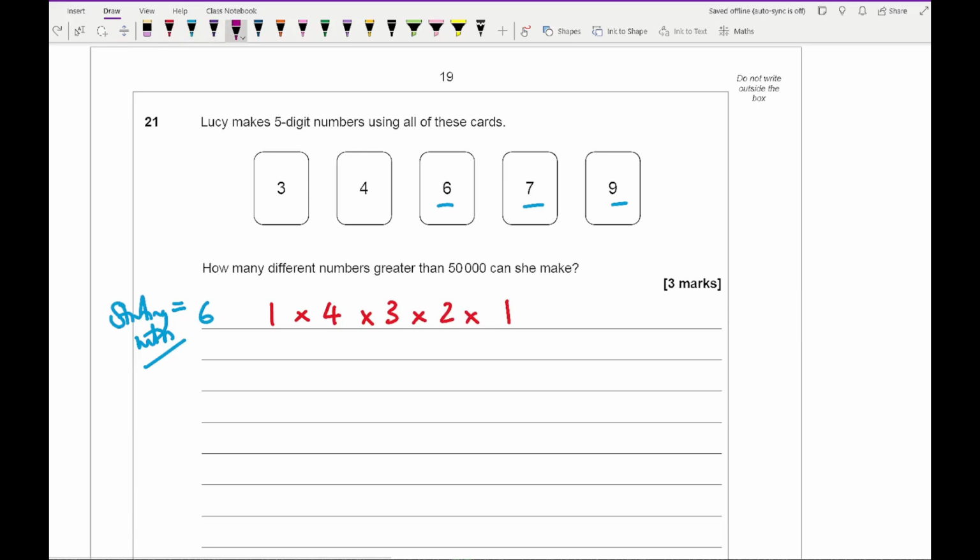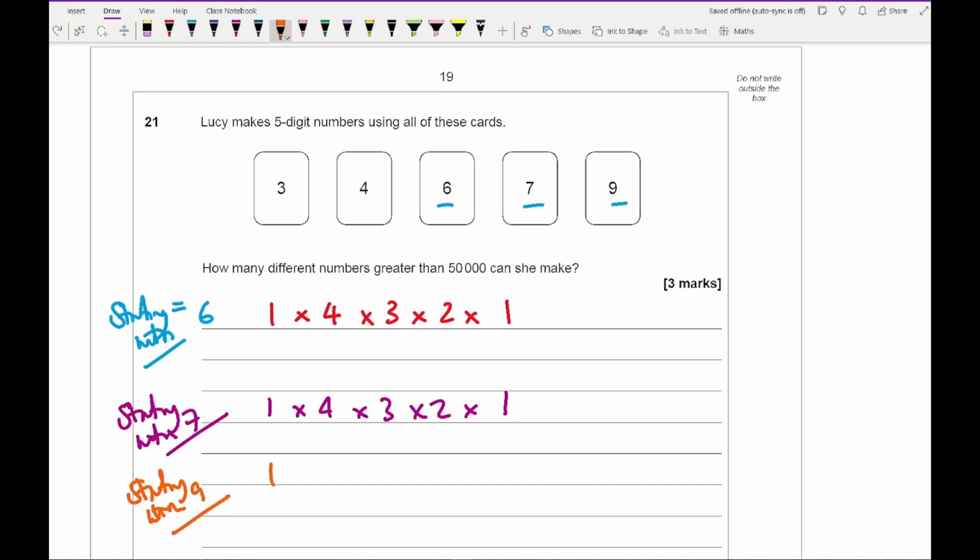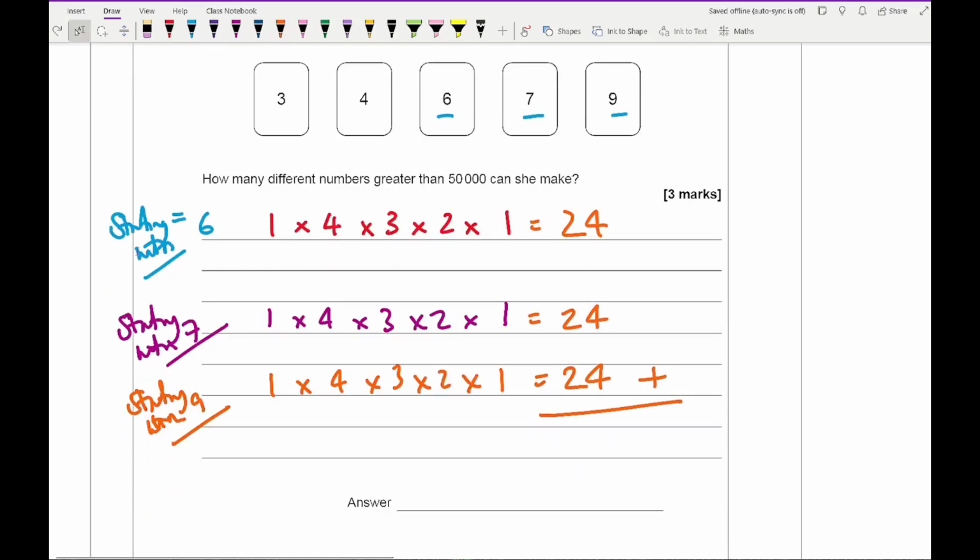Then starting with 7, again, I can only choose one number to start with, then 4 times 3 times 2 times 1, and then starting with 9, 1 times 4 times 3 times 2 times 1. If I work those out, 4 times 3 times 2 is 24. So the total number of combinations, if I add those 3 24s together, I get an answer of 72.